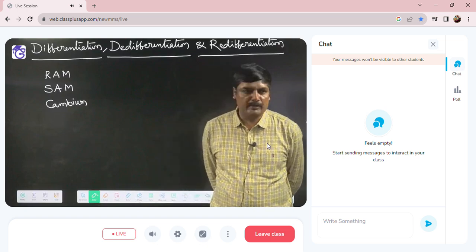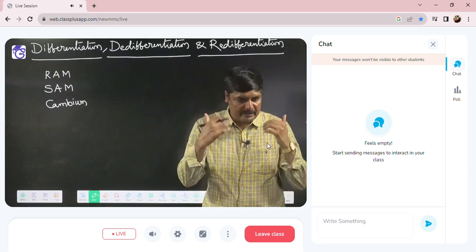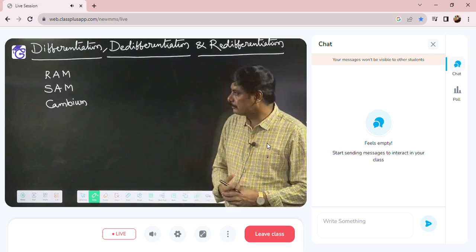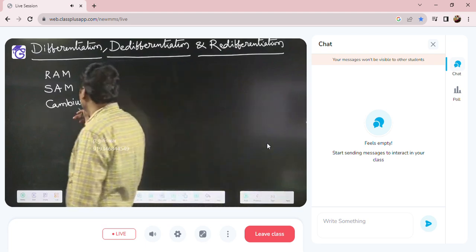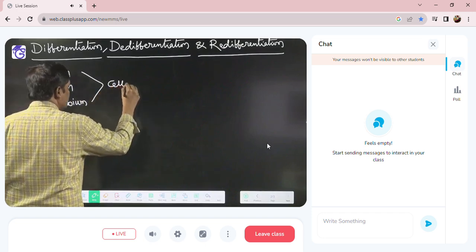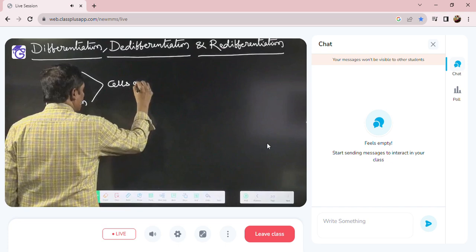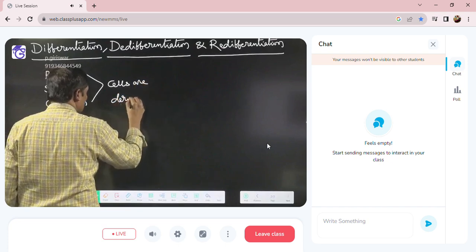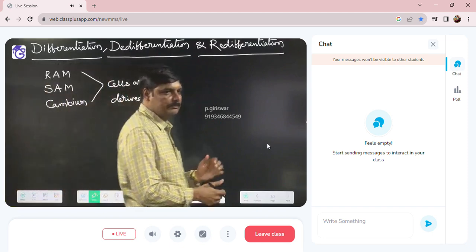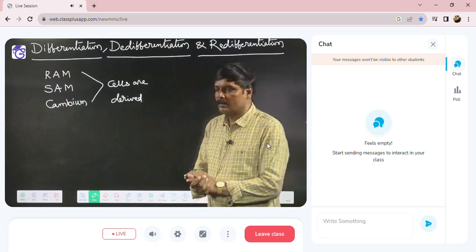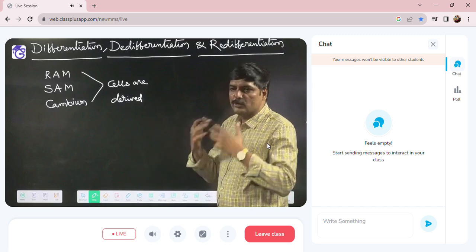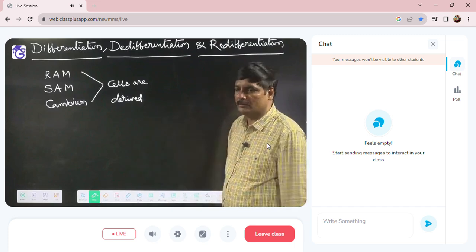Therefore, several cells are derived from apical meristems and from lateral meristems. New cells are continuously being formed.